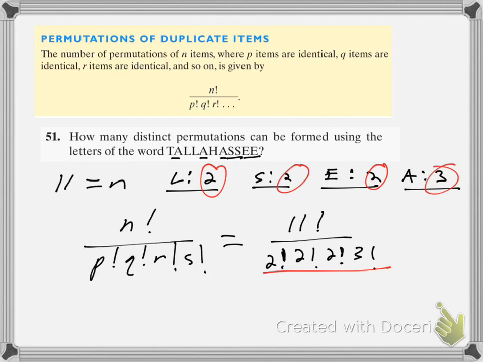well, you can plug it in. You don't really need it for 2 factorial, but you could plug it in. 2 factorial times 2 factorial times 2, takes a minute to do these factorials, scrolling over, times 3 factorial.